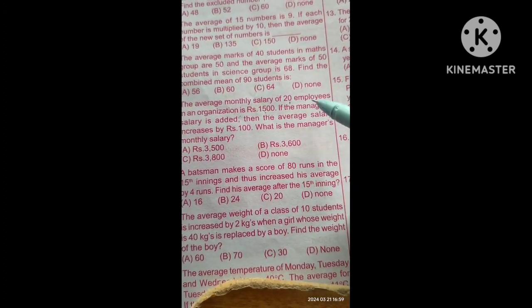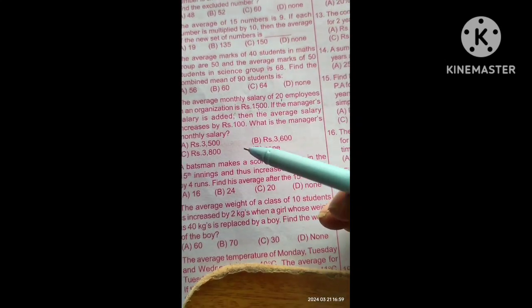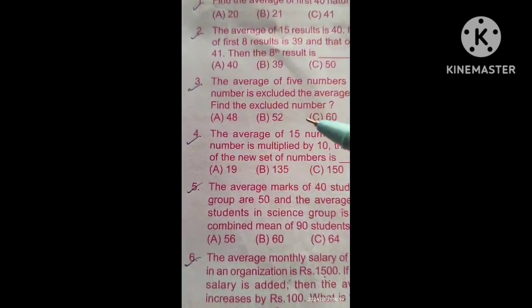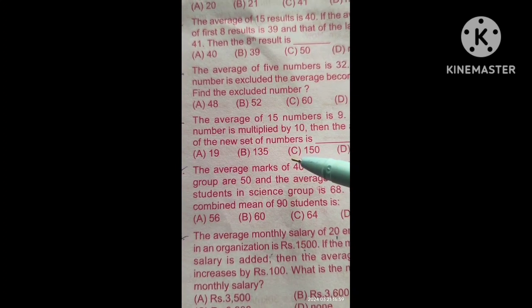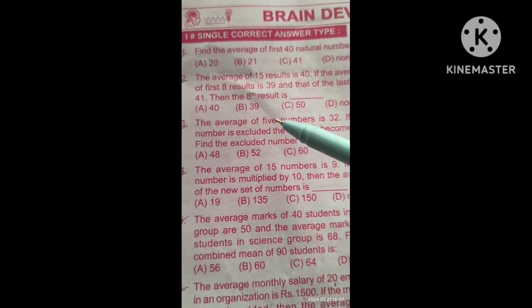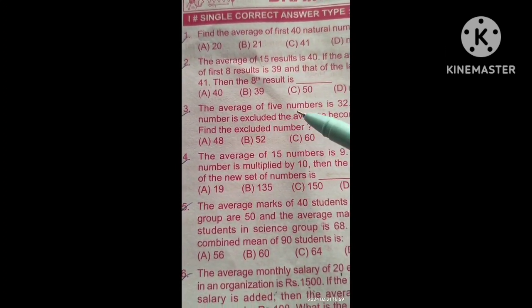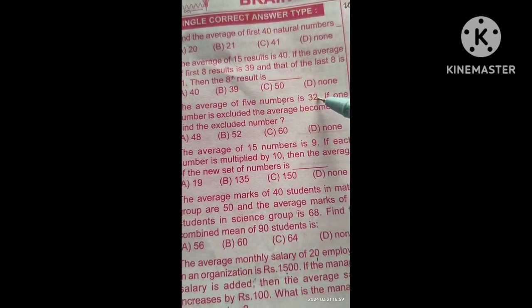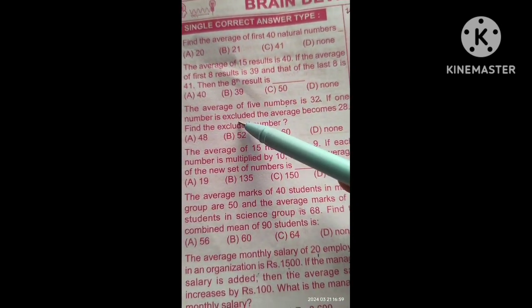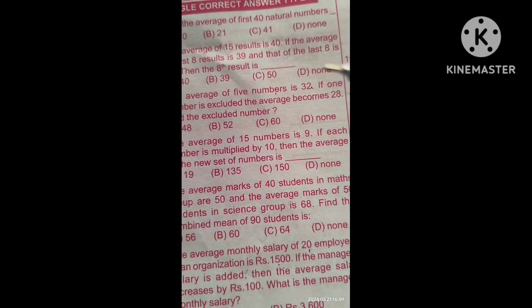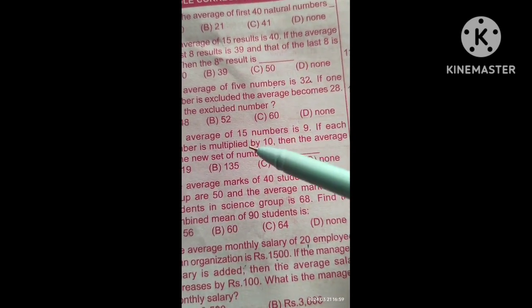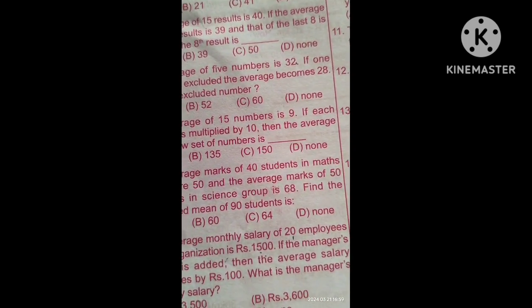And if the manager's salary is added, we already did one sum like this in the third question. In that, 5 members were there and their average was given. One number was excluded, meaning removed, so we subtracted that number from the total.